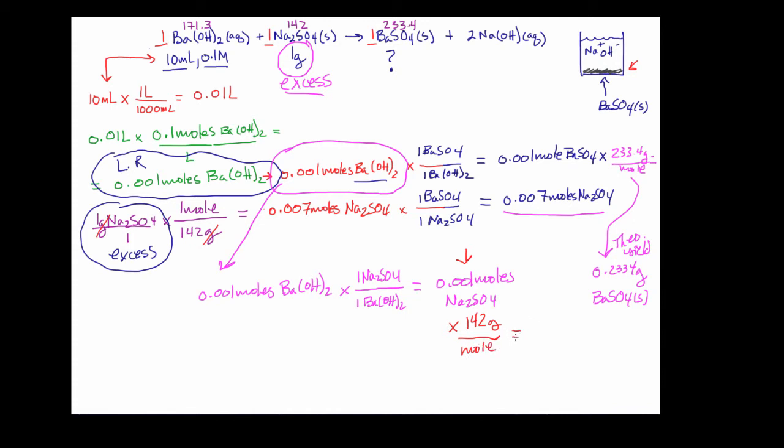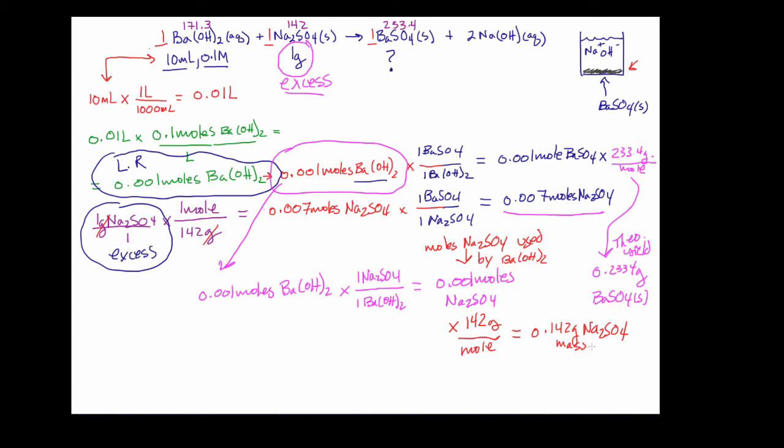So the mass of Na2SO4 that was reacted is 0.142 grams. Okay, now I'm getting ahead of myself. Let's make sure to label some things. So this is moles Na2SO4 used by the barium hydroxide.